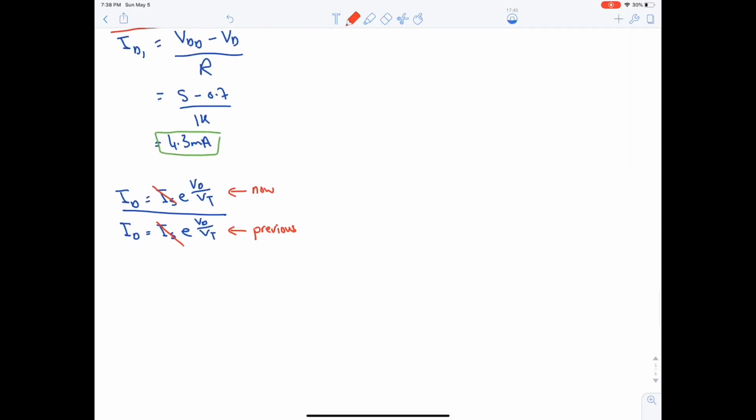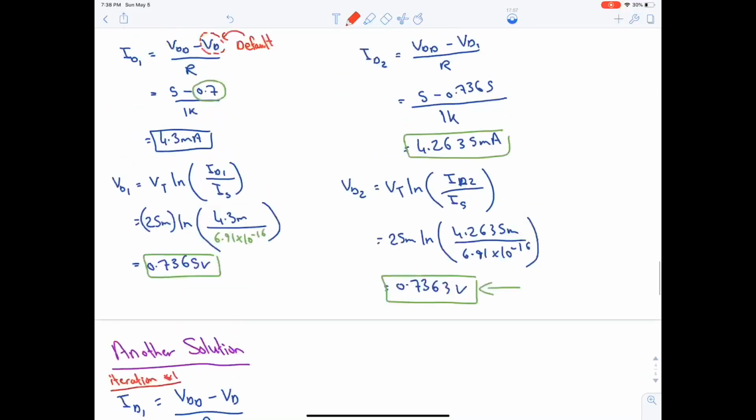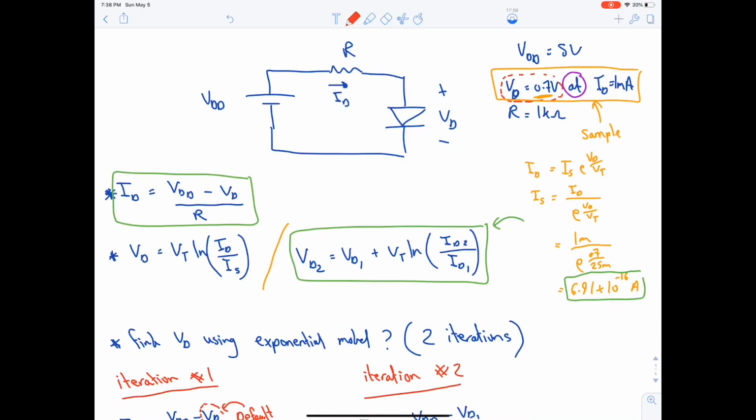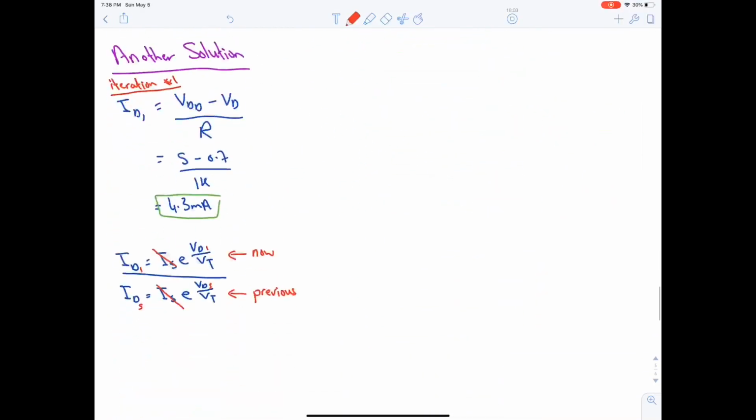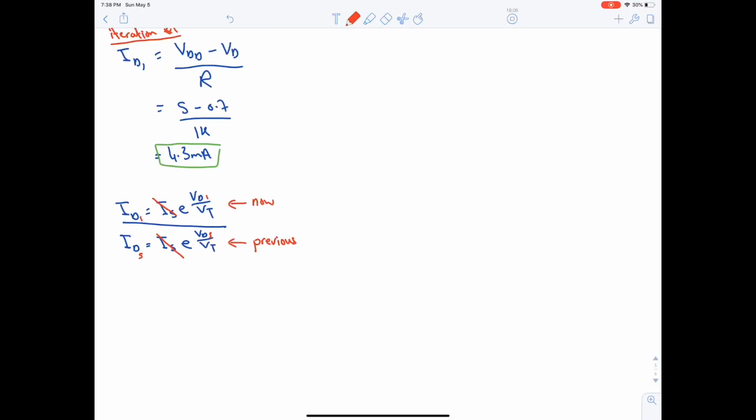As we are in iteration number 1, here we will say ID1 and VD1, and in the previous iteration, it will be 0, which is equivalent to IDS and VDS, the sample.